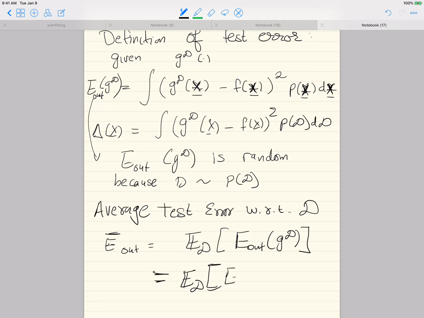So this is equal to E over X of delta of X. And delta of X is the bias plus the variance.